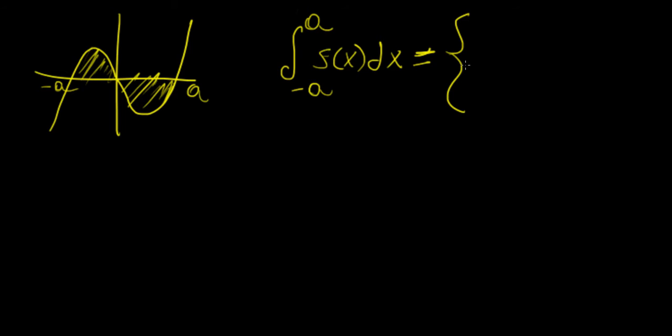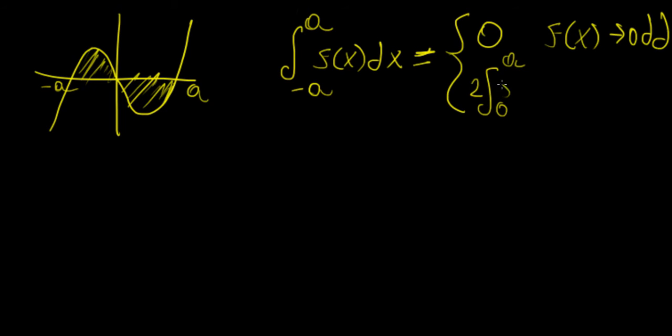The first option is that this is going to be 0 if f(x) happens to be odd, and this will be equal to 2 times the integral from 0 to a of f(x) dx if f(x) is even. So why is that?